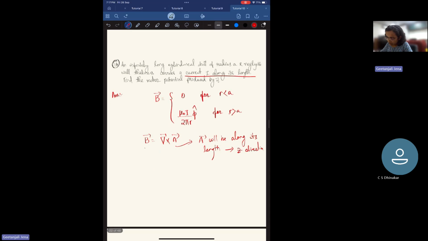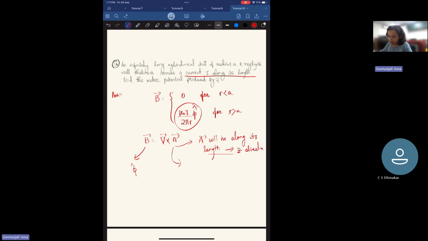So if you see B, it has a component along the phi cap direction. And we are saying A should be in the Z cap direction. So that means in the curl equation, you can neglect a few of the terms so that you can get the value of the vector potential.